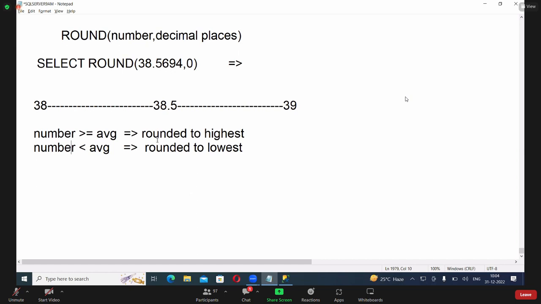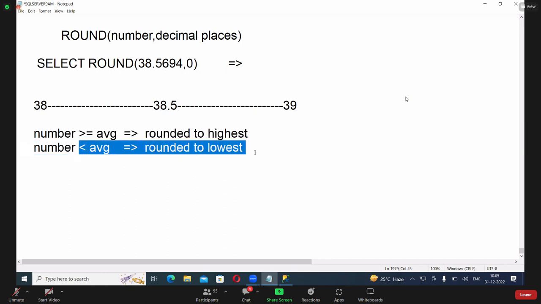If the number is below average, round it to the lowest. Greater than or equal to average, rounded to highest; less than average, rounded to lowest.